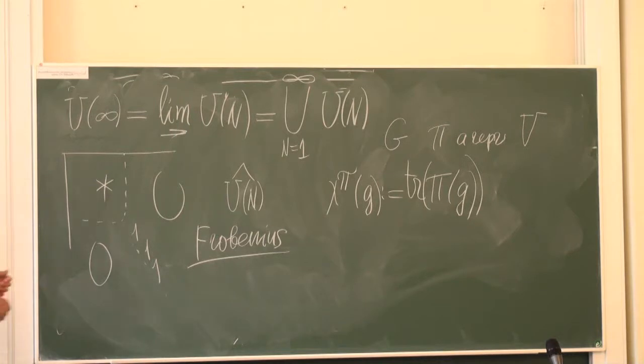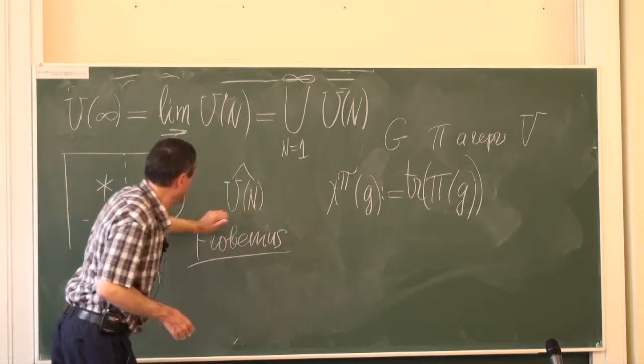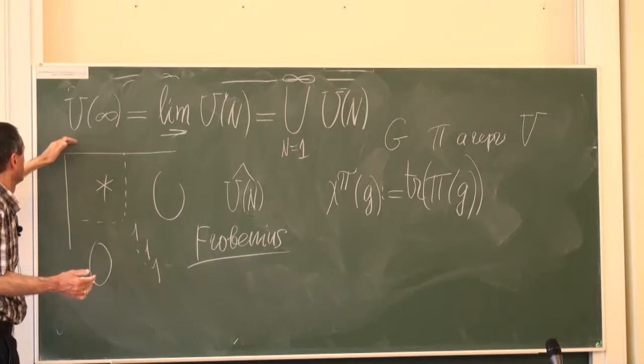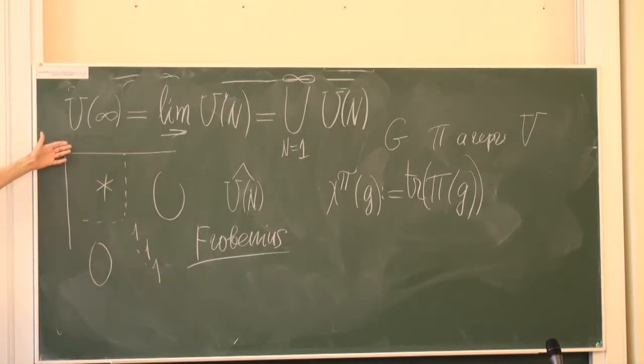But this definition does not extend to the case of big groups like U infinity. The reason is very simple. Any representation of this group, except some trivial cases, is infinite dimensional.